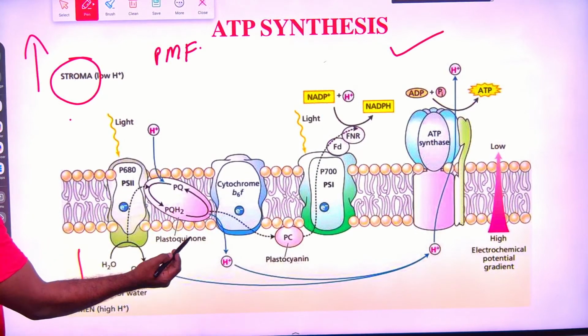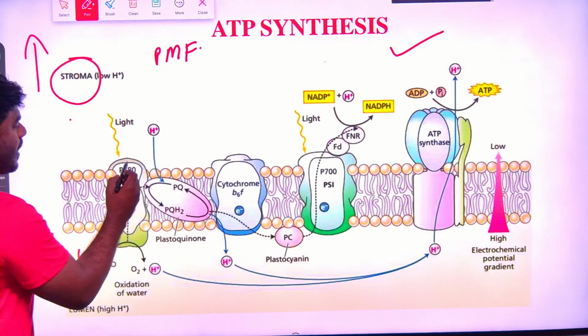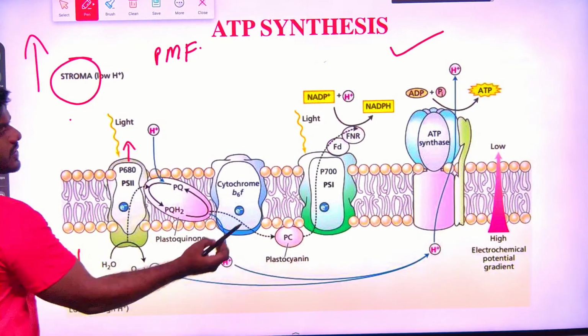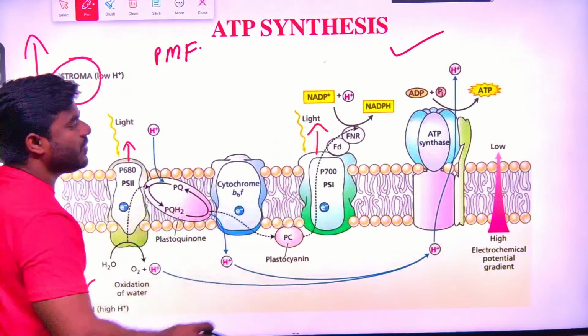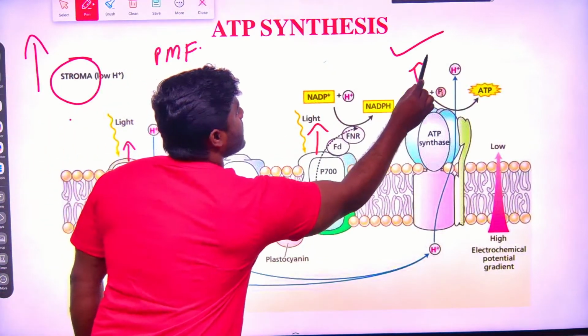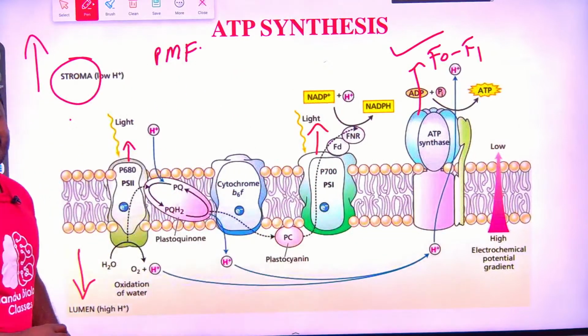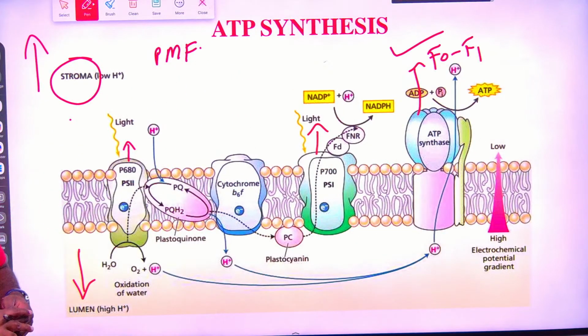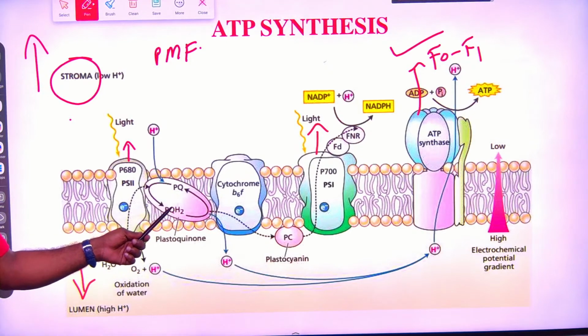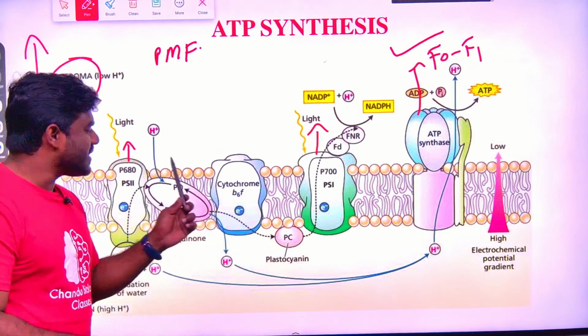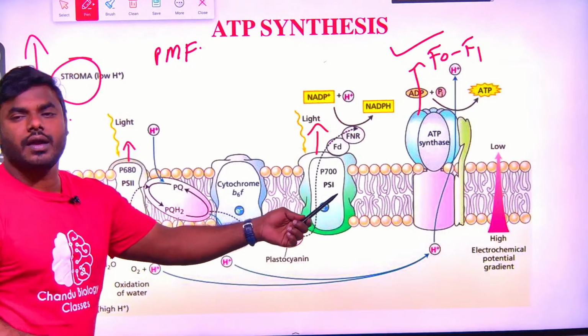You can see here, this is the thylakoid membrane or the lamellae, this is photosystem 2, and this will be photosystem 1. This is called the F0 F1 complex, also called the ATP synthase enzyme. Then plastoquinone and cytochrome b6f are all several electron acceptors.